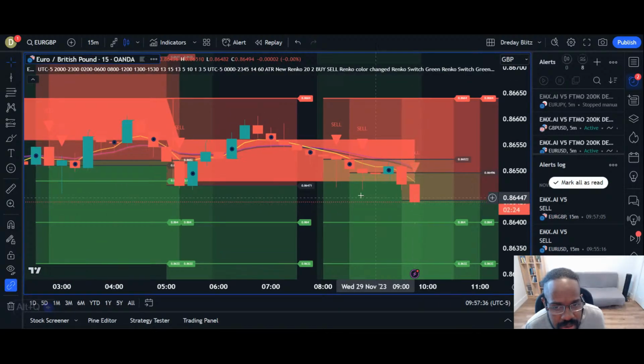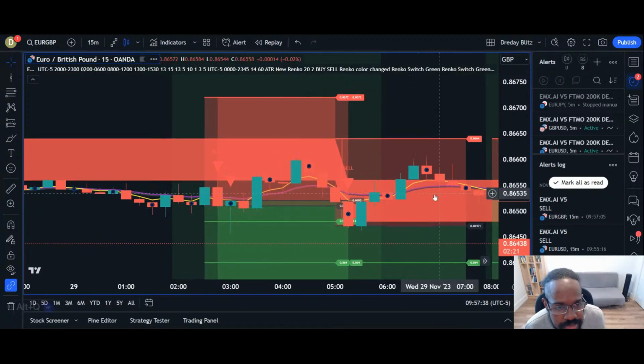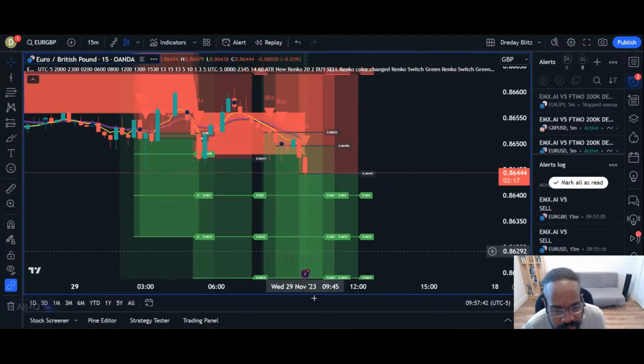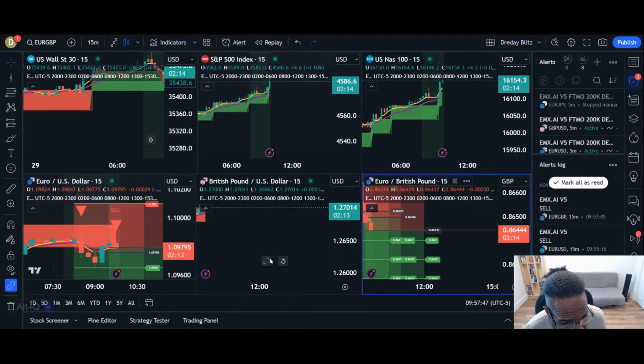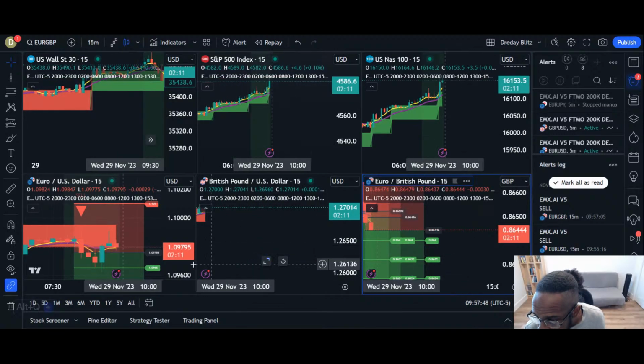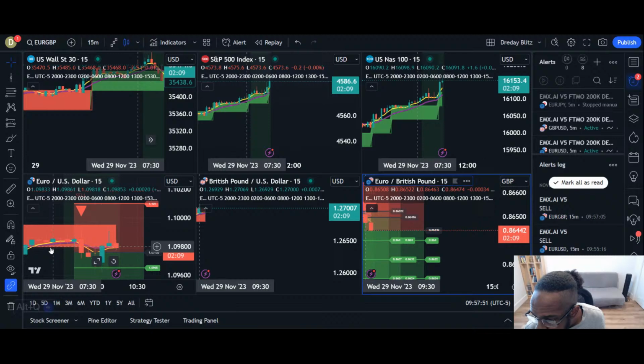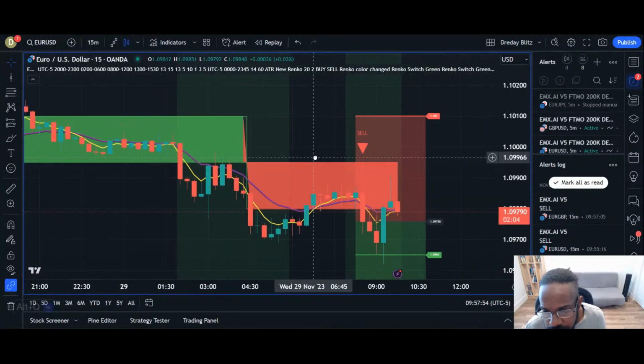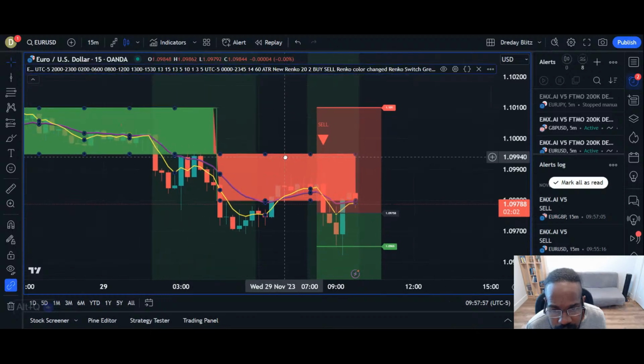That's the sell here, and still bearish. That's perfect. And Euro USD. Yeah. So Euro USD sell. So it's still selling here.